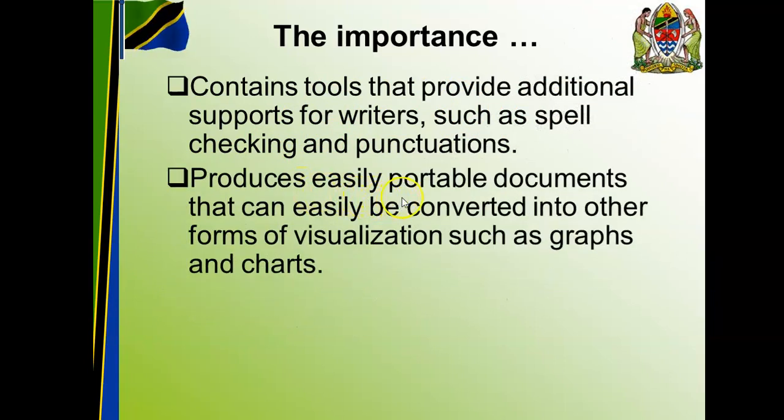Also produce easy portable documents that can be easily converted into other forms of visualization such as graphs and charts. So you can get portable documents, and also you can convert into different formats, either graphs, charts, or you can convert it to PDF and other formats.